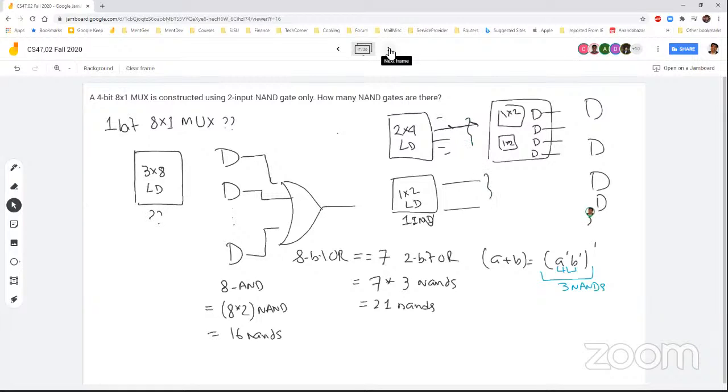So 8 ANDs are there. So we're talking about 16 NANDs there. Here we are talking about 8 NANDs and 2 NANDs.